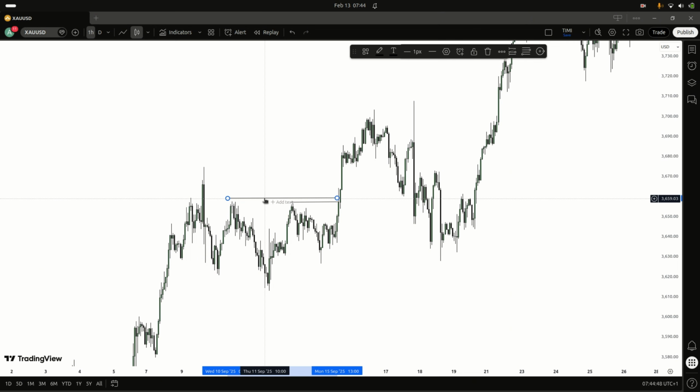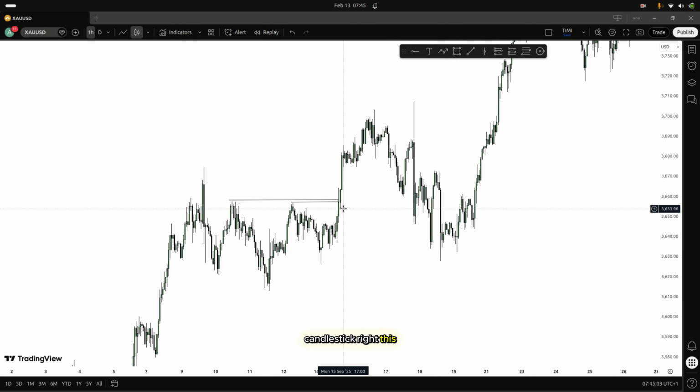This high and this high, as you can see, are not on the same level. These are not equal highs, this one is lower than this one. So this candlestick took out this high while also taking out an already existing high in the market. A double break of structure just occurred right there.